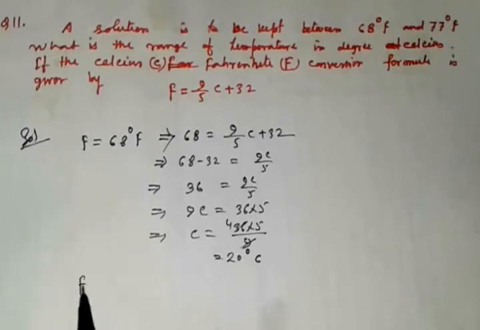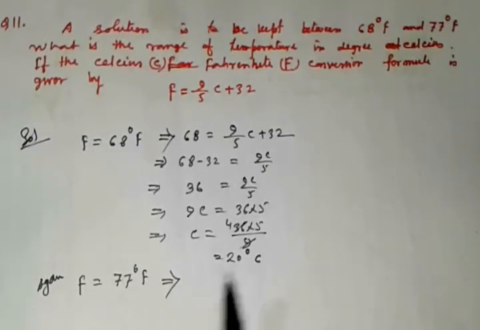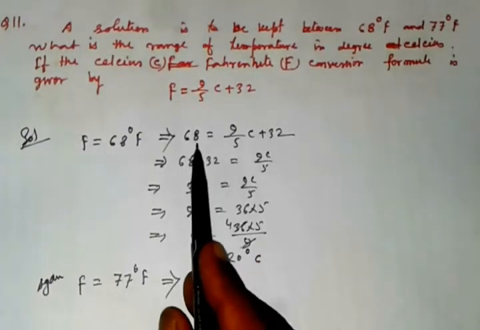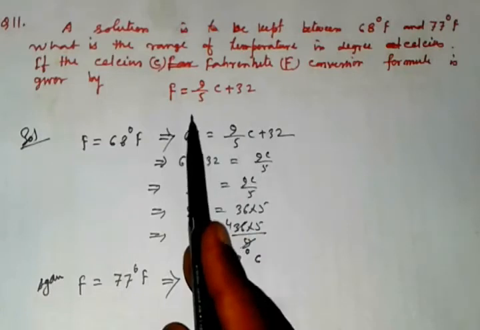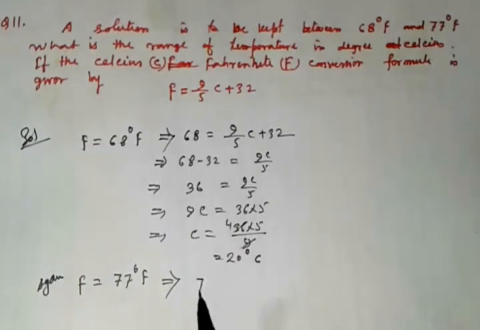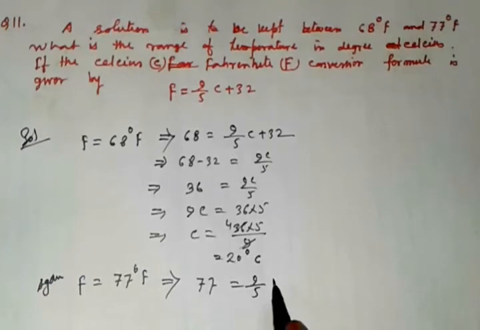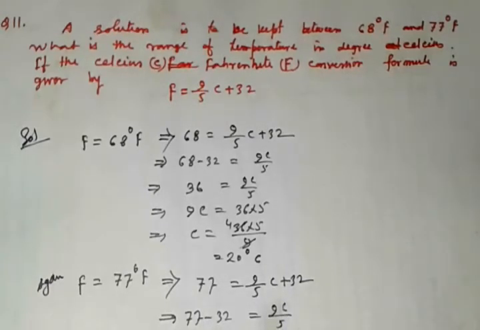F is equal to, again, F is equal to 77 degrees Fahrenheit. Now we have to put 77 in place of F in 9 by 5 C plus 32. This implies 77 minus 32 is equal to 9C by 5.